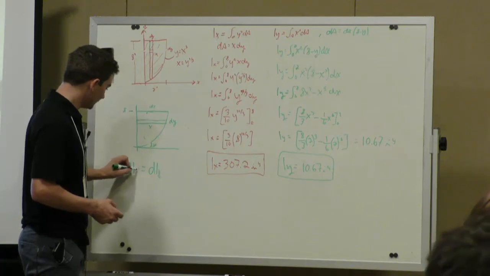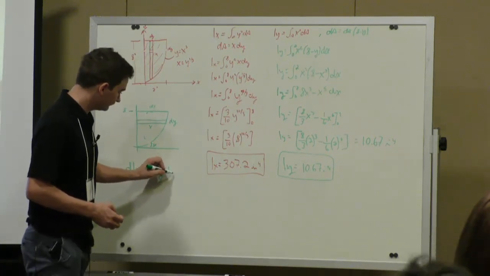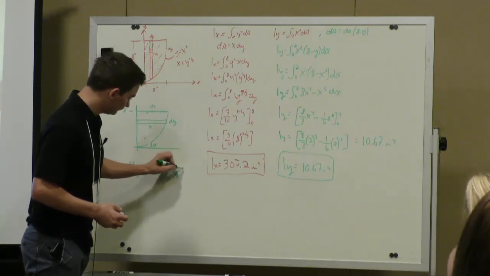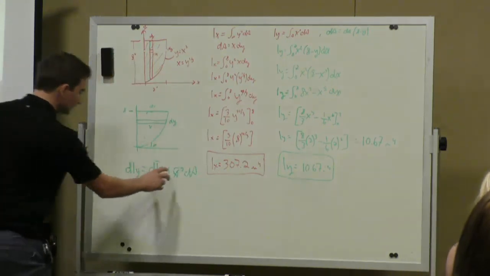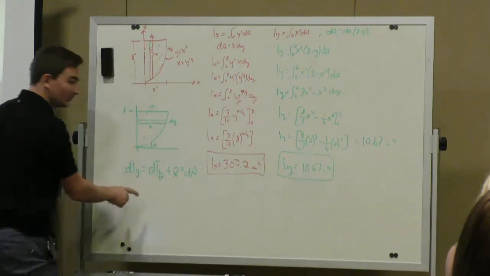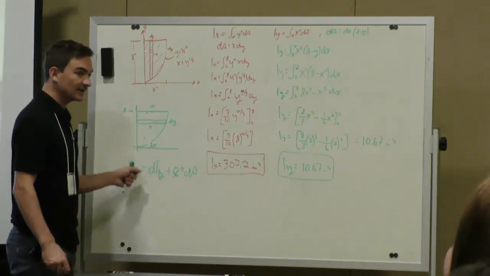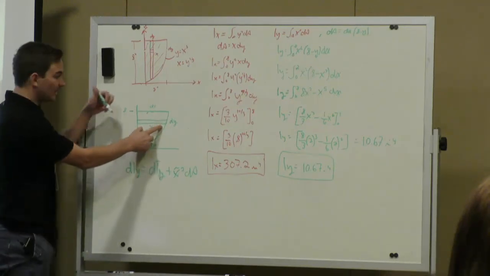So we're taking it about the y-axis. The parallel axis theorem would be this: dIy is equal to dIy of the rectangle about its centroid. That's the moment of inertia of a rectangle about its centroid.